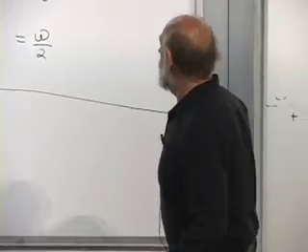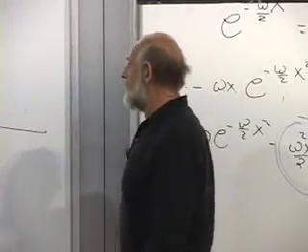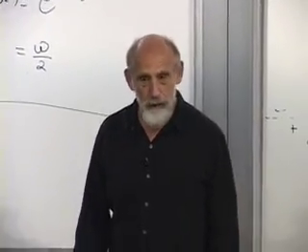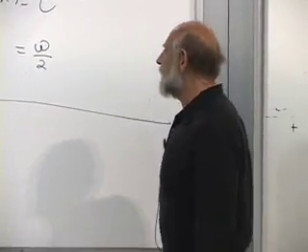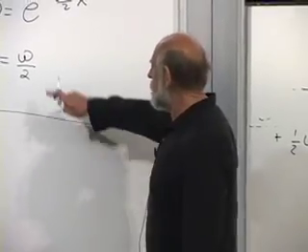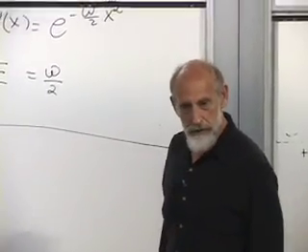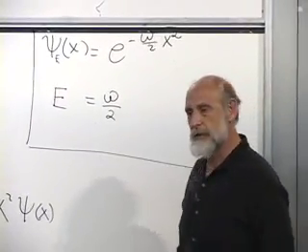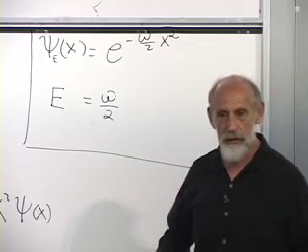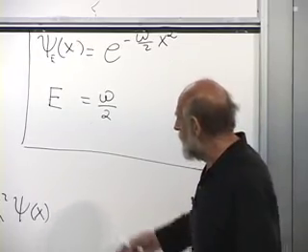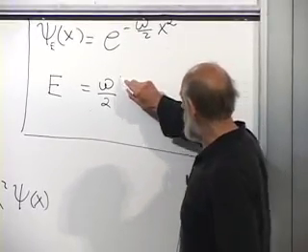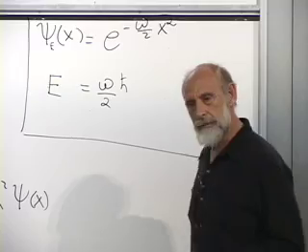Good. Okay, so the ground state energy of the harmonic oscillator is not 0, it is omega over 2. If I wanted to put back h bar, this is incidentally not dimensionally consistent. This is a frequency, which means a radian per second or an inverse time. This is an energy. If I want to get back to dimensionally consistent equations, I have to put h bar back in.